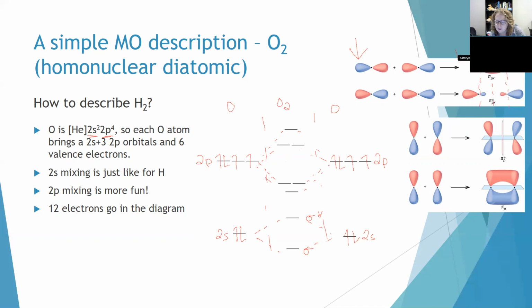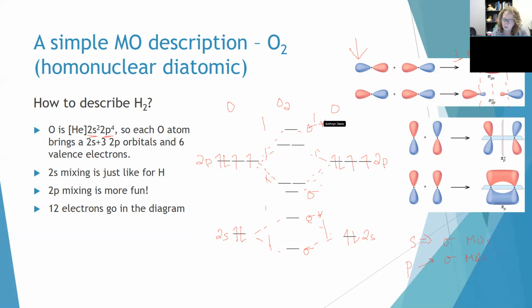These are perpendicular nodes. So these are all sigma orbitals. P orbitals can make sigma MOs, right? S orbitals always make sigma MOs. P orbitals can make sigma MOs. And that's what this is. This is a sigma and a sigma star.